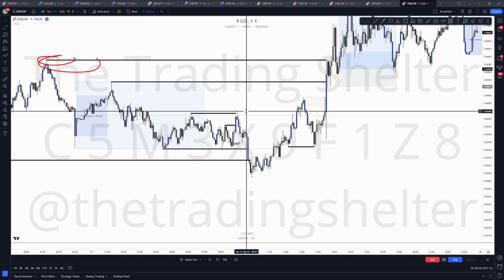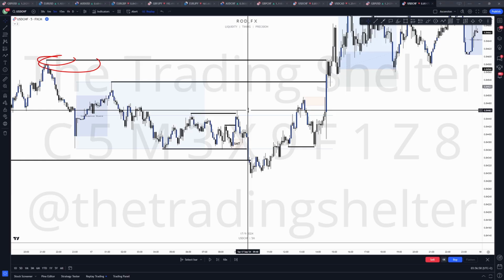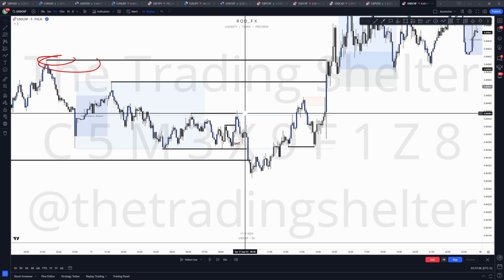The actual price, 0.84462, has closed above 0.84455. The price tick closed above. So there's a breaker structure. If there's a breaker structure for them, it means that we have a proper SMT.